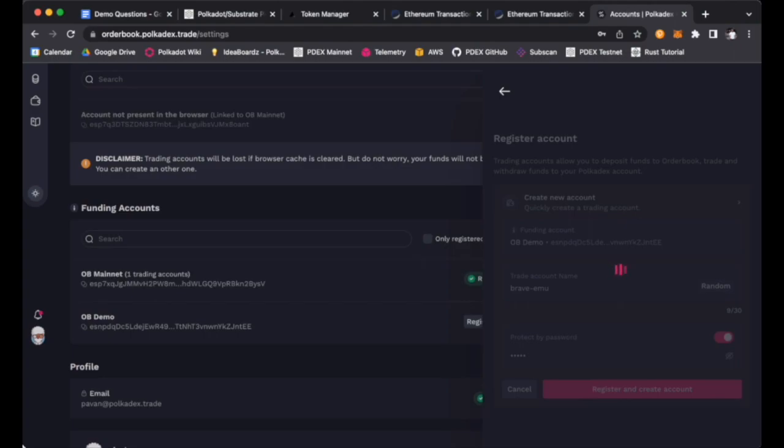Pavan, can you just mention briefly what this 5-digit password does for the trading account? Yes. So it's a 5-digit password, as it clearly mentions.